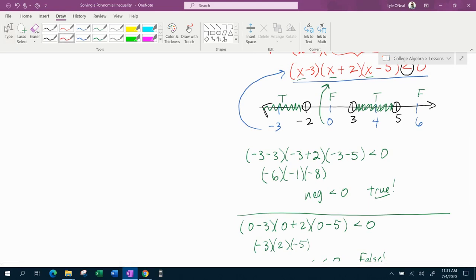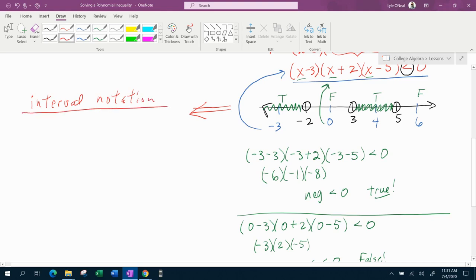Now then, we are all but done, okay? So now we're going to take the shaded regions and we're going to write that in interval notation. Okay, we're going to write the solution set using interval notation, and that's going to be everything from -infinity to -2.